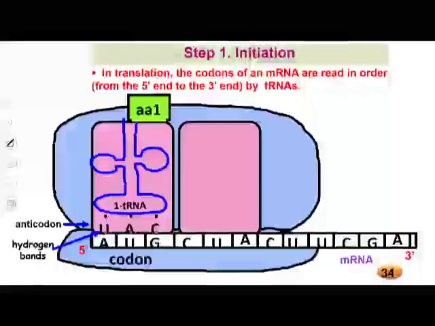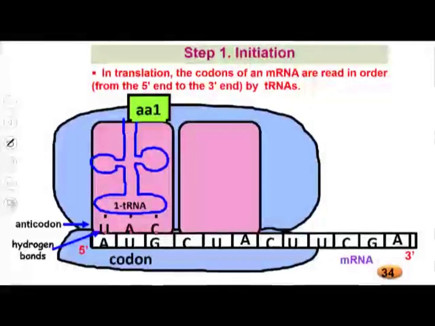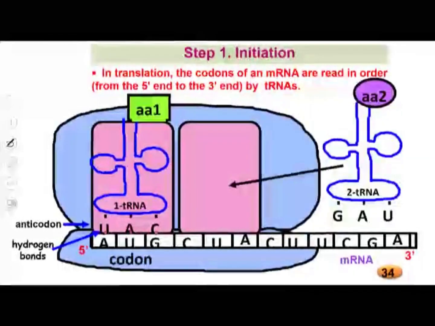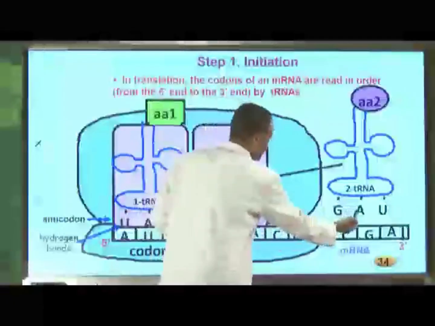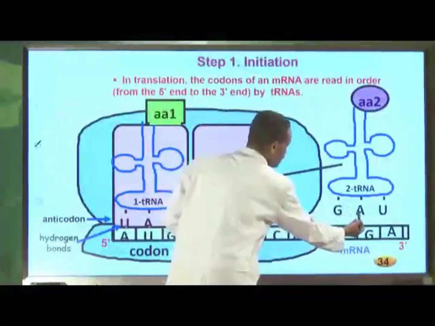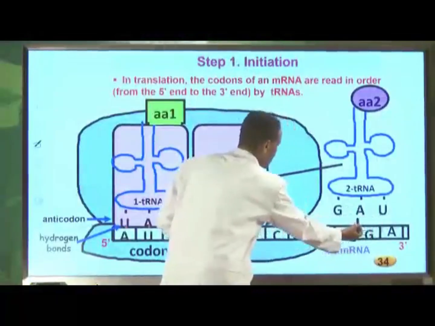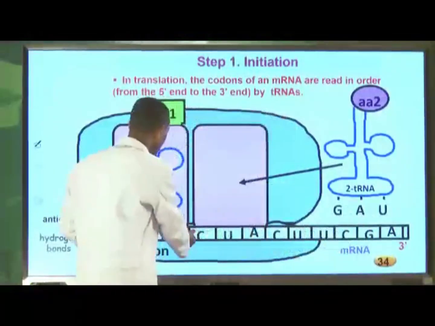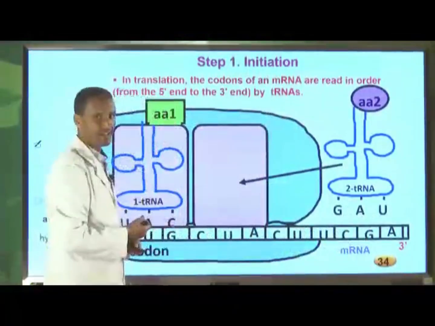The second transfer RNA will come. It brings the second amino acid and has its anticodon. Now this anticodon becomes attached to the codon on messenger RNA.